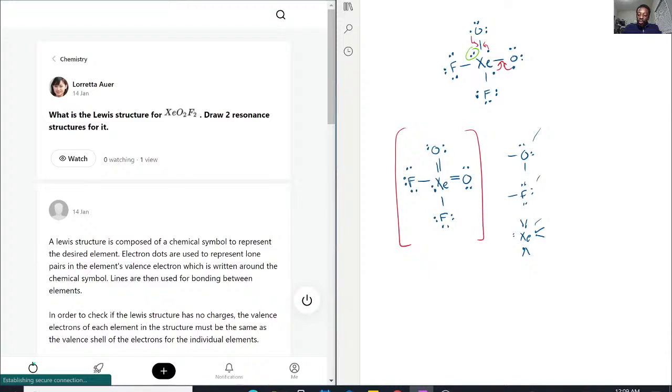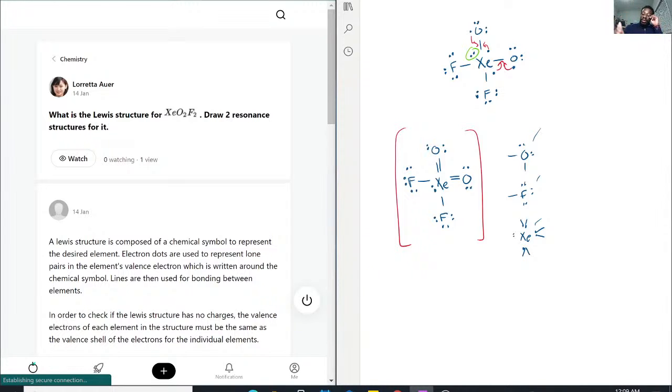So now, when we actually want to draw the Lewis structure in this case, we can do quite a few things, depending. We can make it so that the xenon is the one that has the plus, because I would rather keep the fluorines neutral rather than messing with them, and have the oxygens turn negative and the xenon turn positive.